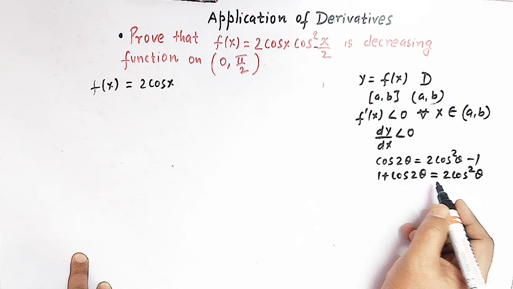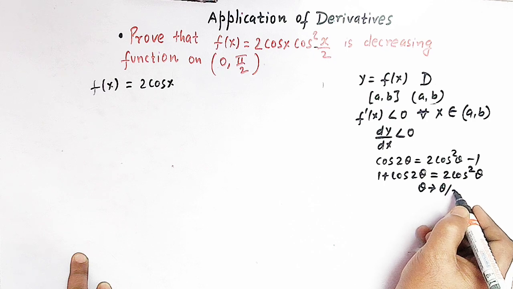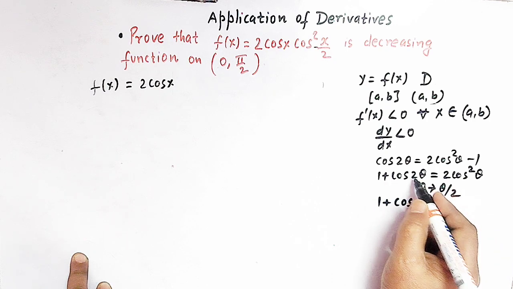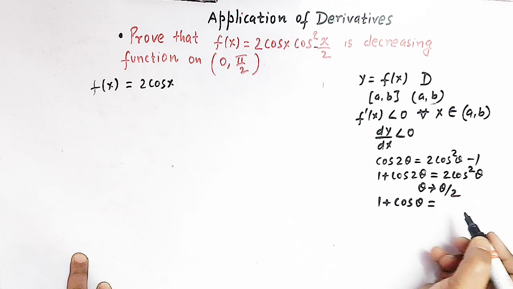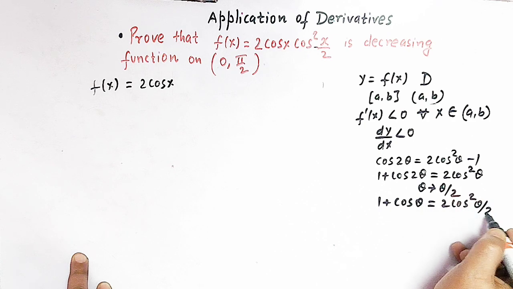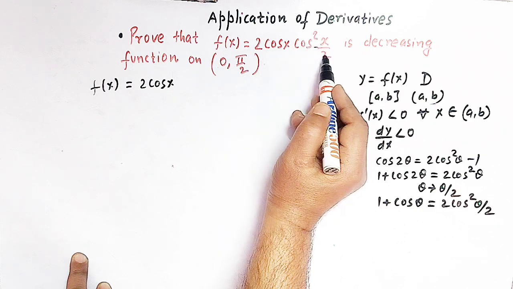Now if we replace theta by theta over 2, then we have the expression 1 plus cos theta is equal to 2 times cos square theta over 2. So here we have 2 cos x cos square x over 2.